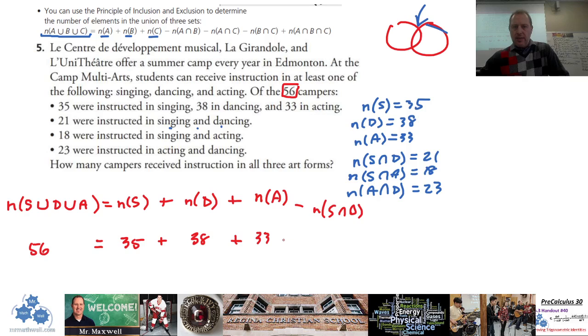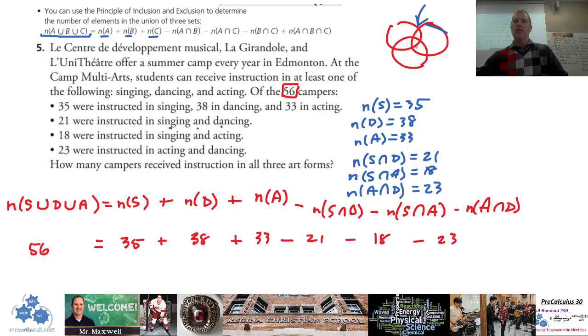Singing and dancing, so what's that going to be? That was 21. We also need to subtract off the number of singing and acting, which is 18, and the number of acting and dancing, which is 23. Then finally, because we've subtracted so many things away, we have to add in the middle part again, because we've eliminated that totally.